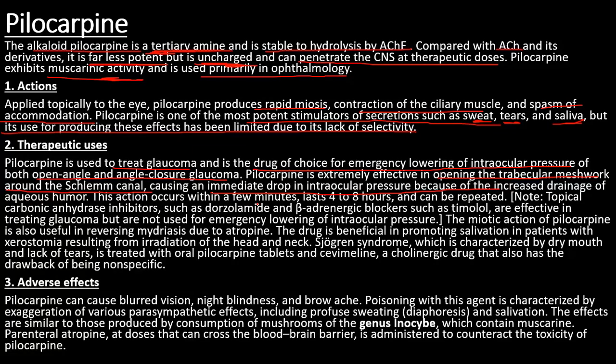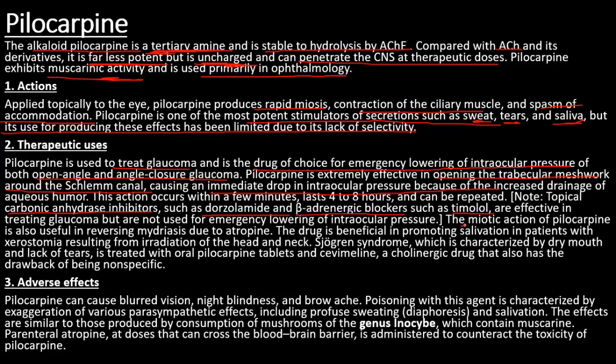Now, this action occurs within a few minutes and can last for 4 to 8 hours and can be repeated. But note we have other drugs which are used but not for emergency lowering of intraocular pressure, and these include topical carbonic anhydrase inhibitors such as dorzolamide and beta adrenergic blockers, your timolol.